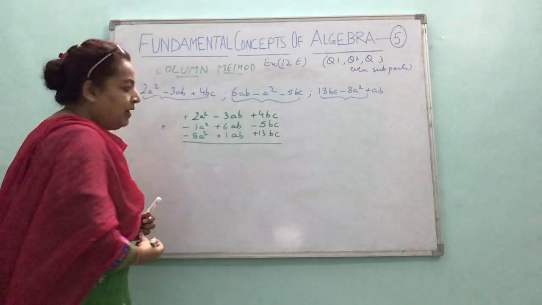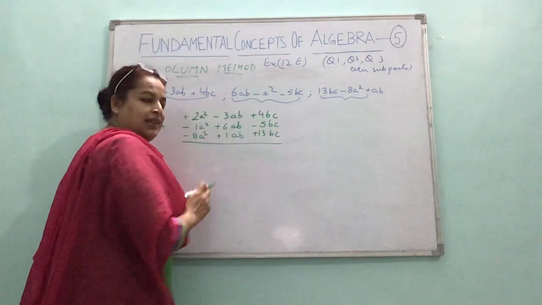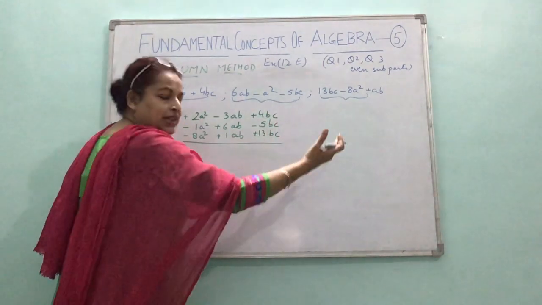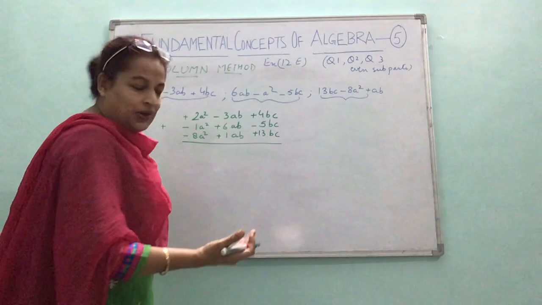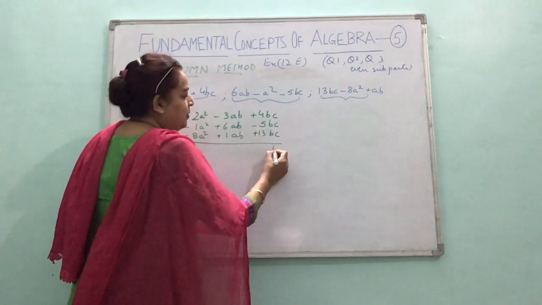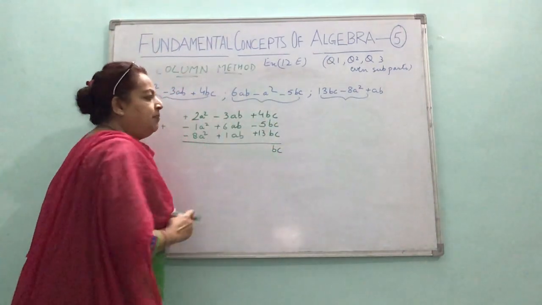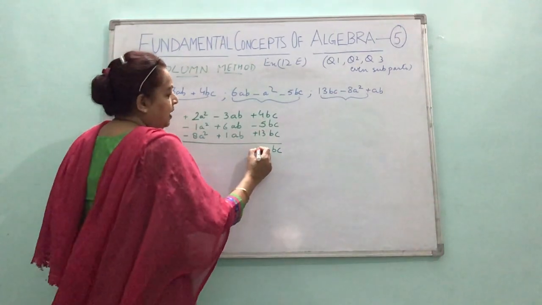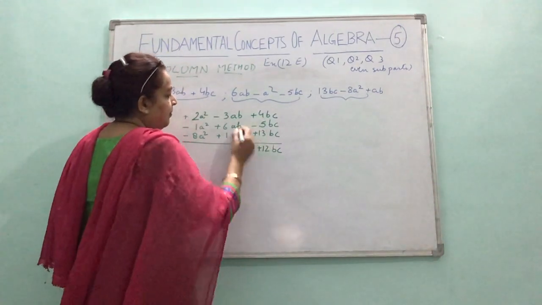Now if you can do this mentally, that is add positives and subtract negatives, very good, do it. Otherwise, as I taught you, it can be done in a working column. The literal part would be the same. 13 plus 4 is 17, and minus 5, so plus 12.